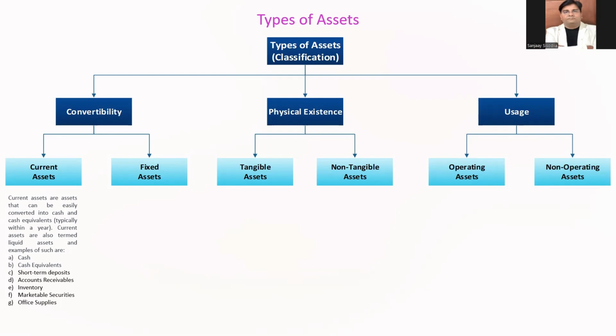Some examples of current assets are cash and cash equivalents. Cash equivalents can be a check, a bank draft, or a promissory note, so on and so forth. Cash equivalent means something which is almost equal to cash, but it is not real cash.